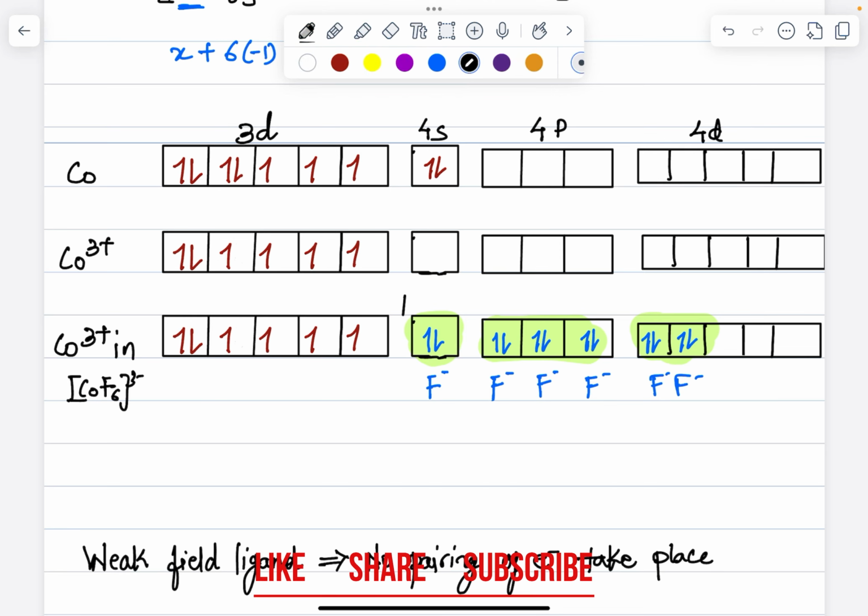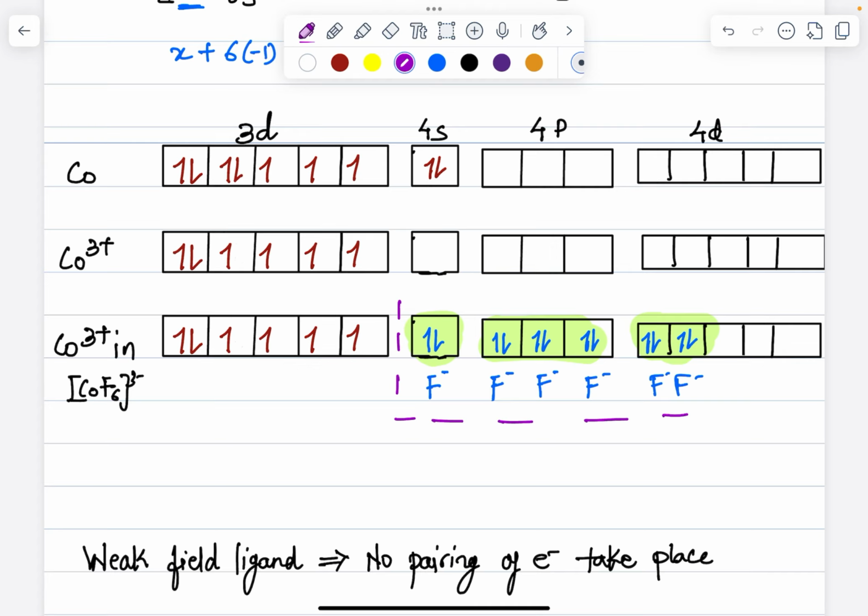The hybridization would be sp3d2. Okay, this is the hybridization which is asked in a question.